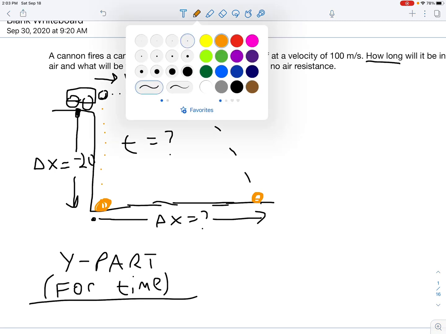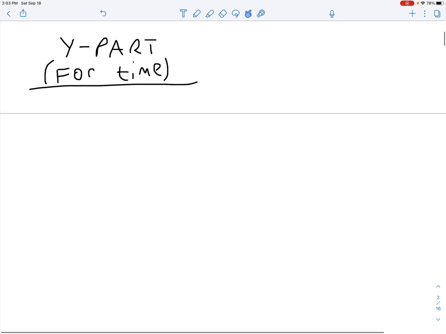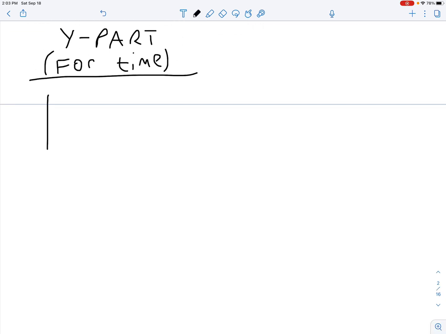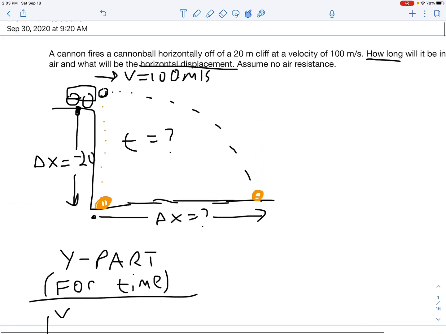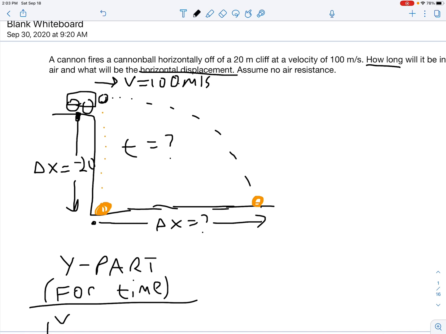So I'm just going to look at the down part, straight down, vertically, in this direction. Let's label our picture a little bit better. This is an initial velocity in the x direction, so I'm going to put VIX.